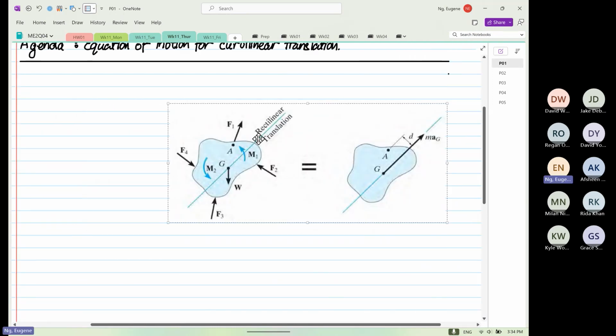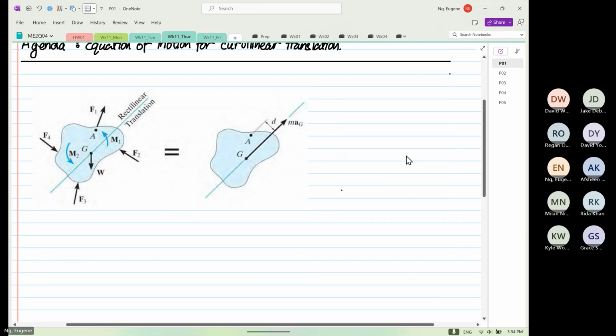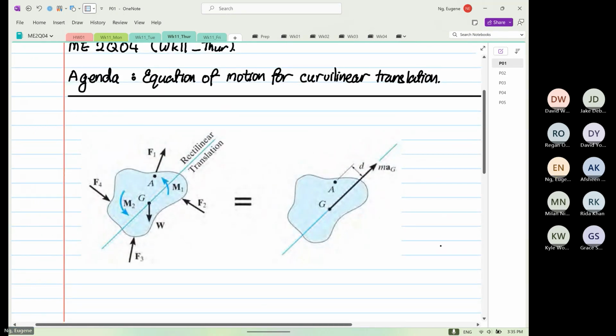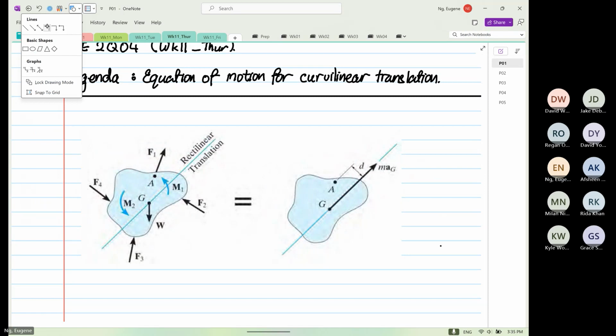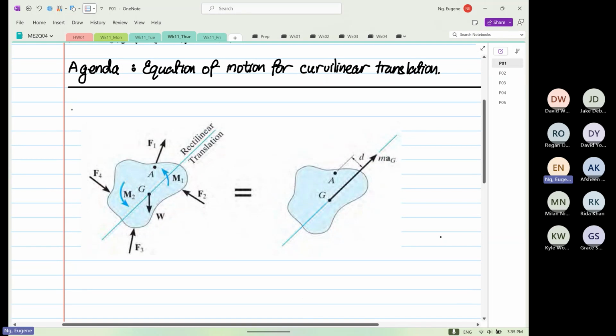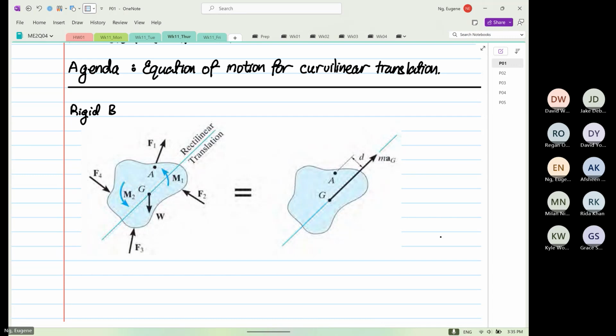Now over here, what you see is a rigid body under linear translation motion.